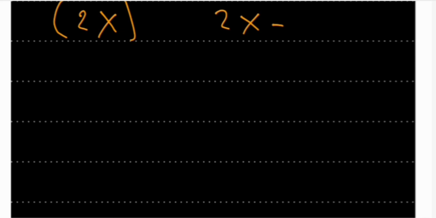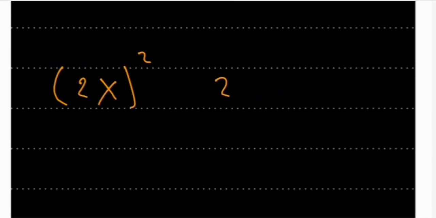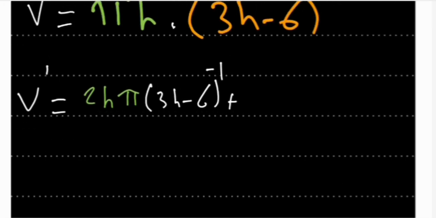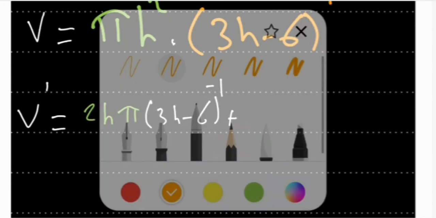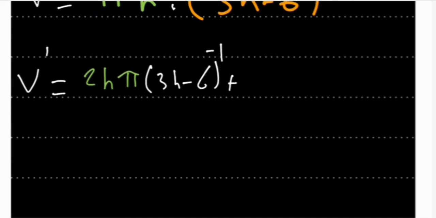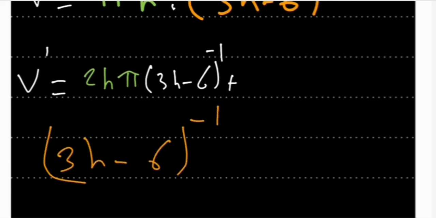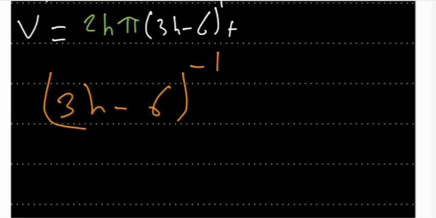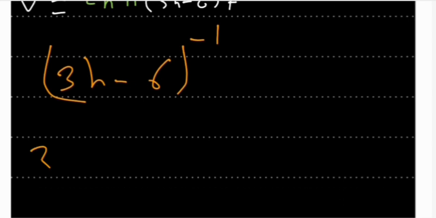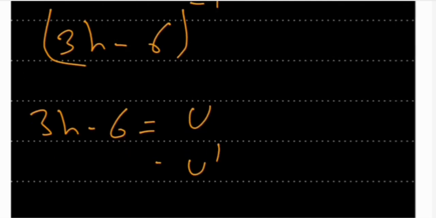Now, what about our example, our question? Well, for our question, what we have is 3h minus 6 to the minus 1, so we can call this u, right? So 3h minus 6 is equal to u. U comma is equal to 3, right?